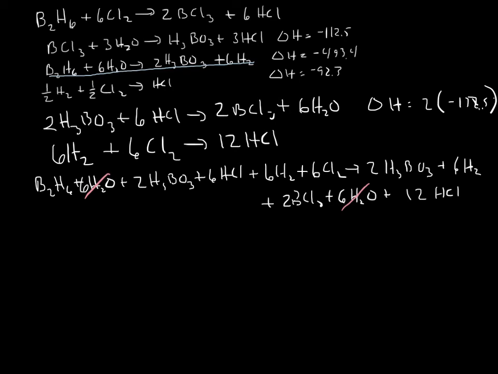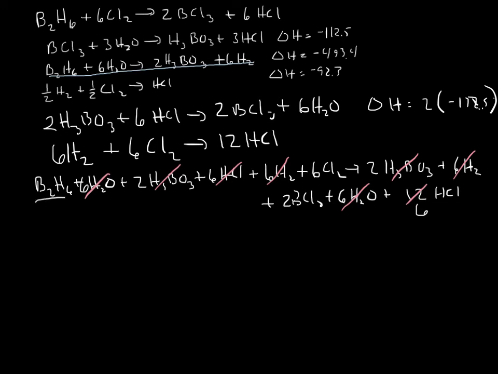We have 2 H3BO3s here, 2 H3BO3s there. We have 6 HCls here, but we have 12 here. So we end up with 6 on that side. We have 6 hydrogens over here, 6 hydrogens over there. So now we can see what's left.